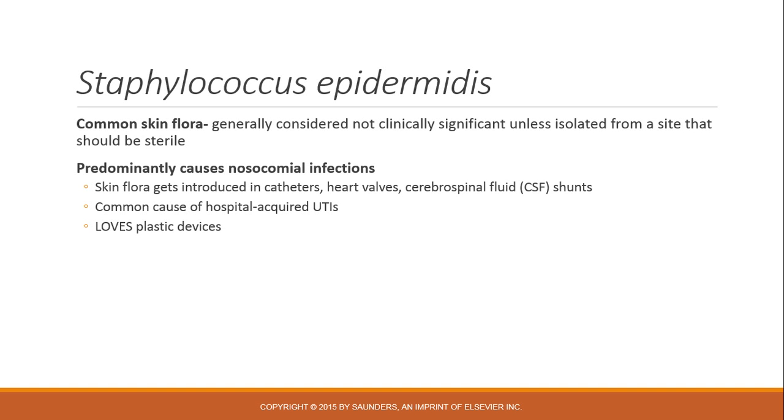Maybe they had heart valves or a shunt put in to empty out spinal fluid. A very common cause of hospital-acquired urinary tract infections. Even just a brief catheter that doesn't stay in very long can cause a urinary tract infection if aseptic technique isn't used to put it in.